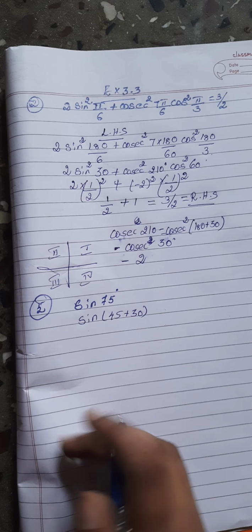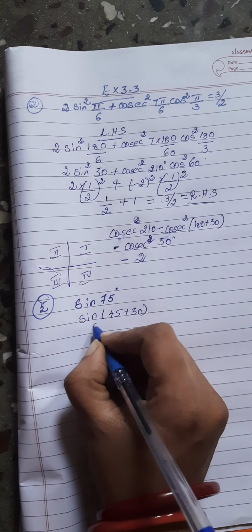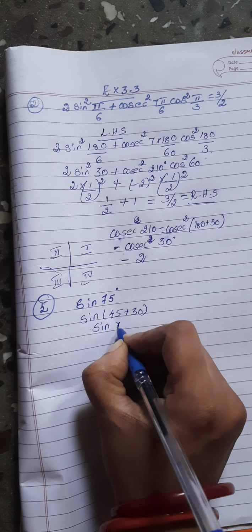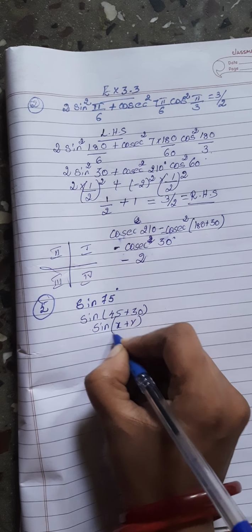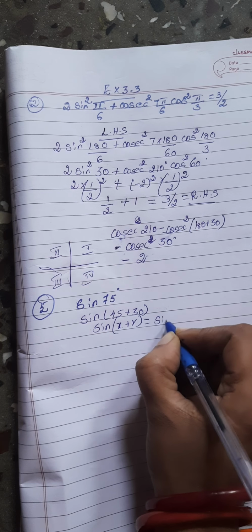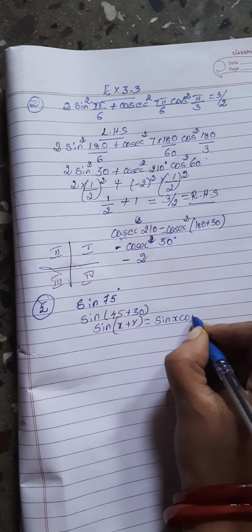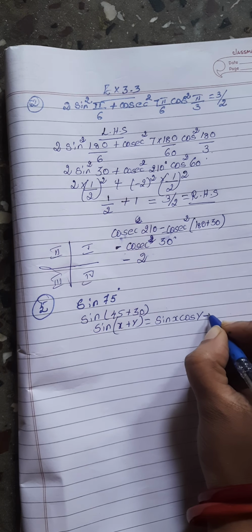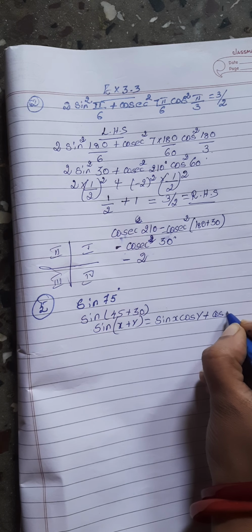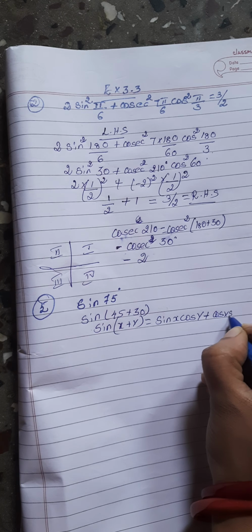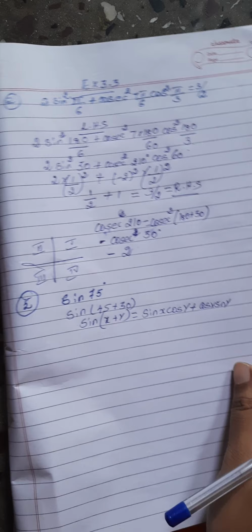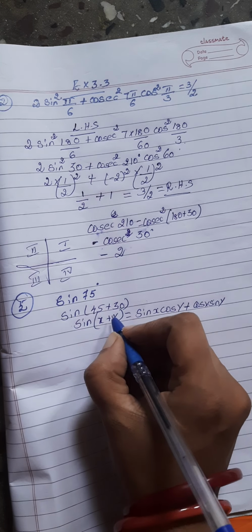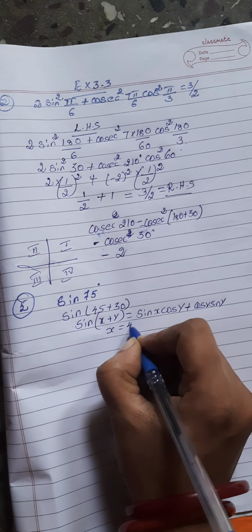Sine 45 plus 30. Okay, so we are having identity. I already proved you sin(x plus y) equals sin x cos y plus cos x sin y. So I will take in the x place 45 and y place 30.